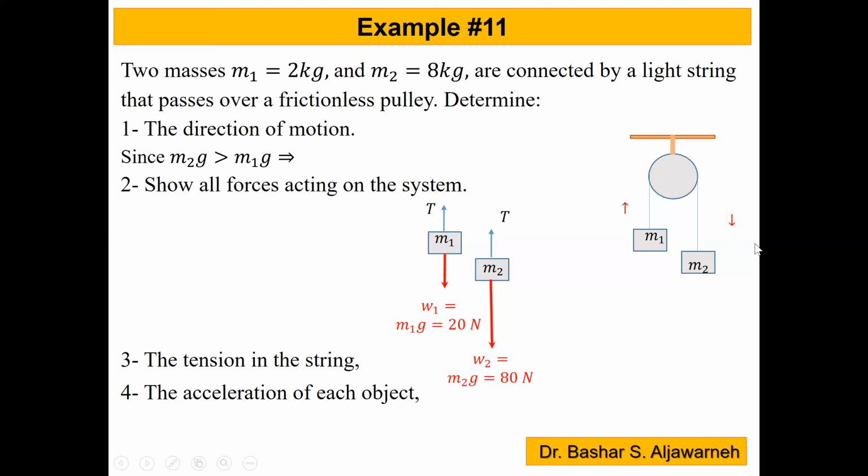The only forces I can use to determine the direction of motion are W1 or W2. But since W2 is greater than W1, the direction of the motion will be downward to the right. Okay, show all the forces. So we have here W2, W1, T, and T.